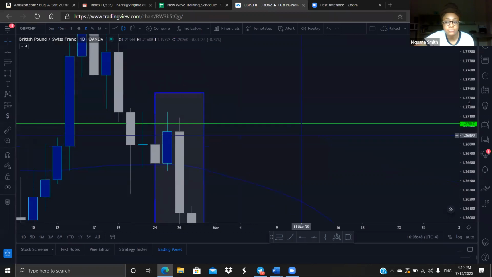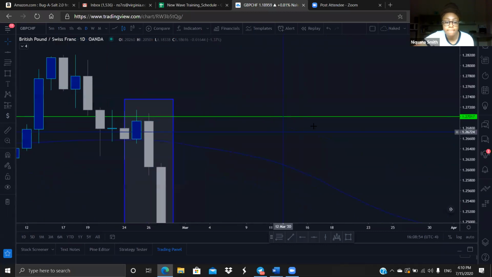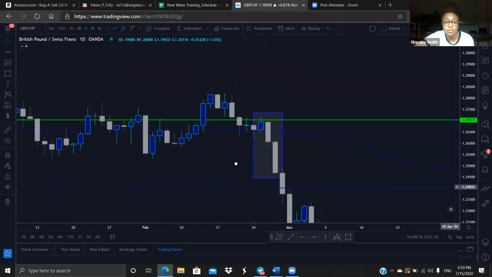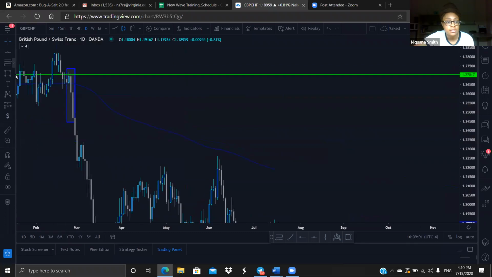What this horizontal line now becomes is your entry. With a teacup, we're looking for price to come and buy off of this area, then come back up, hit this entry for a sell limit, and sell off of it.